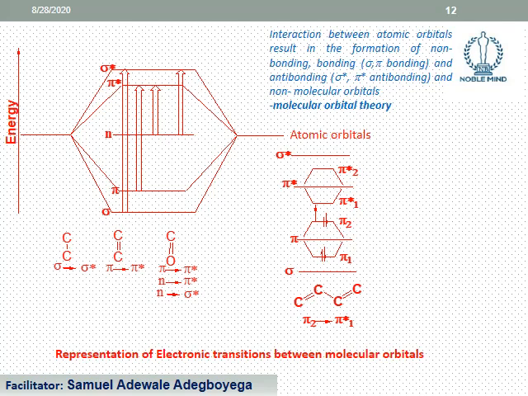And let's still look at a conjugated bond. You will see that the transition is between pi 2 to pi 1 star.